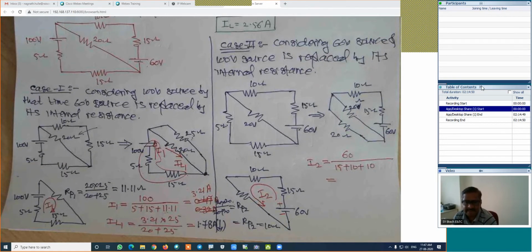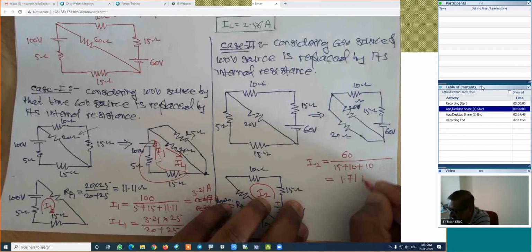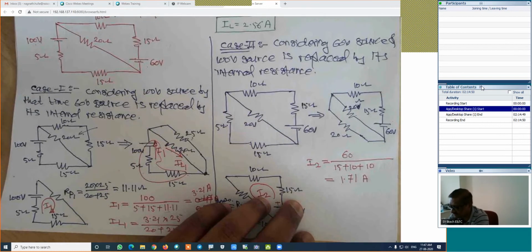60 divided by, yes, Saurabh. Avinash. 1.71. Yes? 1.71 amperes. Is it right? 1.71 amperes.